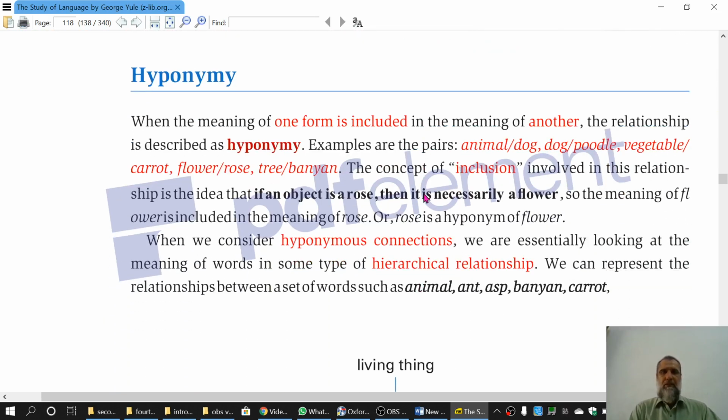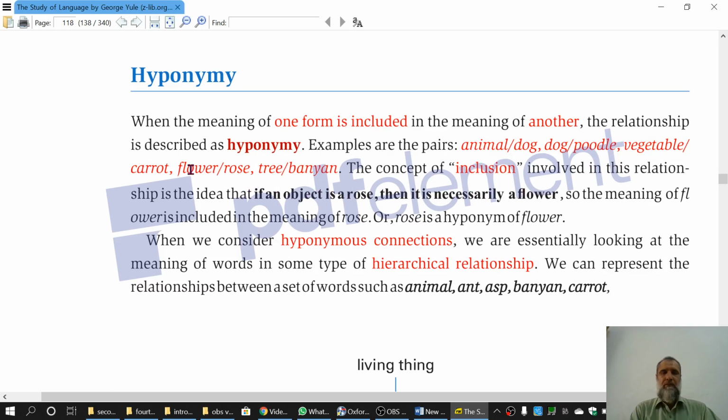Then comes hyponymy. In hyponymy, one form is included in the meaning of another. For example, dog is included in the meaning of animal. Poodle is included in the meaning of dog. It's a kind of dog. Carrot is included in the meaning of vegetable.